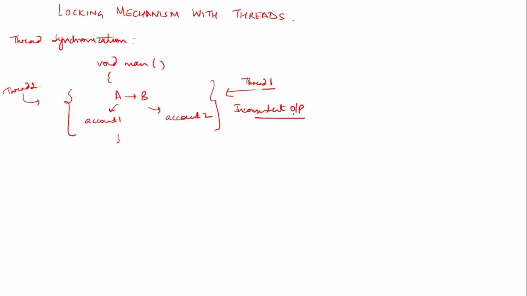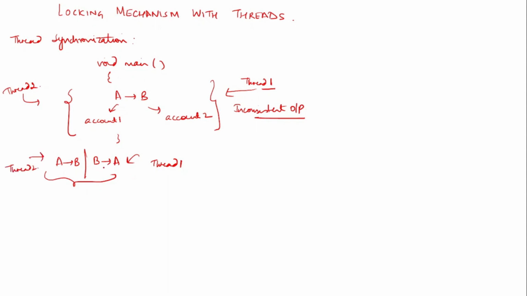Let's say I have a broader scope, where I want to make a transaction from account A to account B, and then again from account B to account A, and two threads start executing this piece of code. Let's say thread 1 is at this particular point and thread 2 is at this particular point.